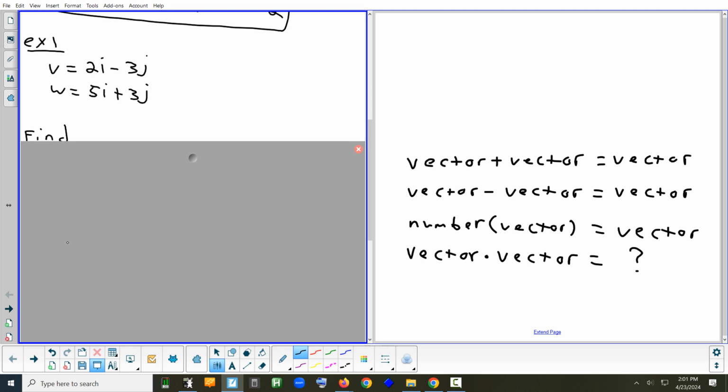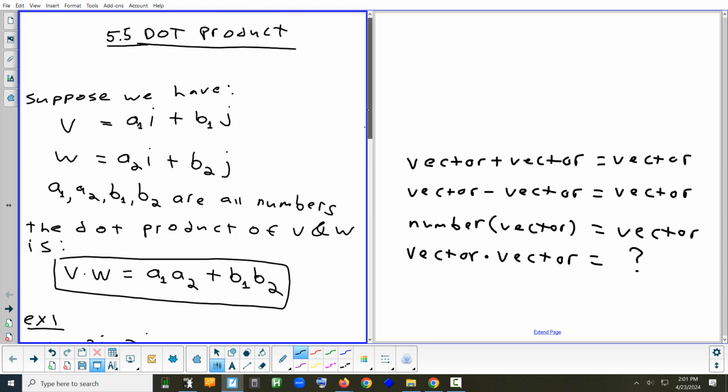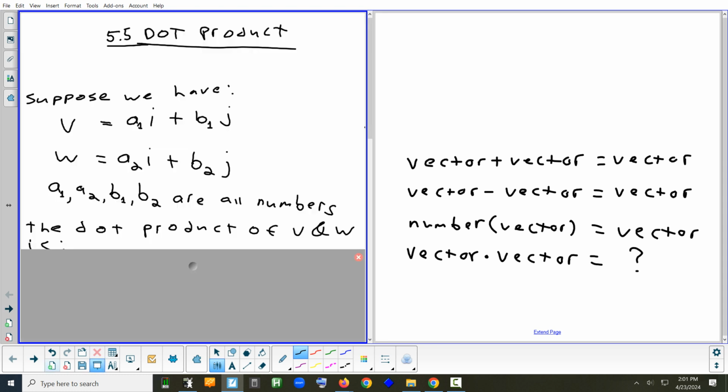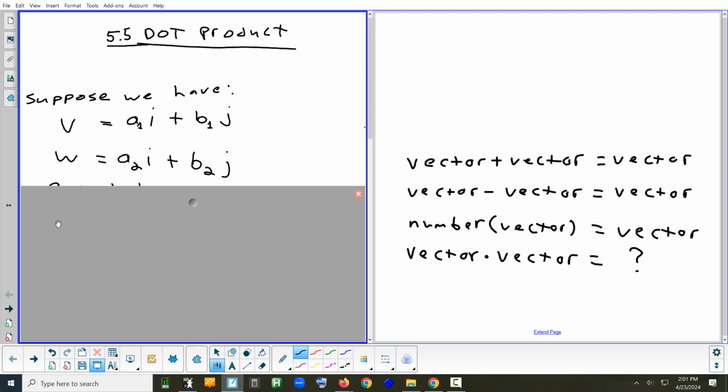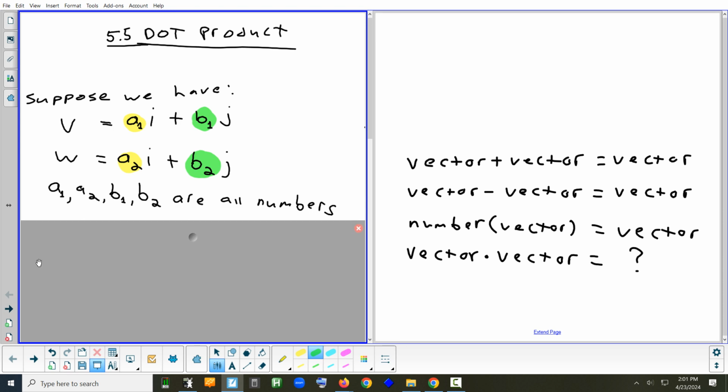You'll have all numbers. What we want to do is find the dot product. So the dot product is going to depend on 4 things: this number, that number, that number, and that number. Remember, those things are all numbers.